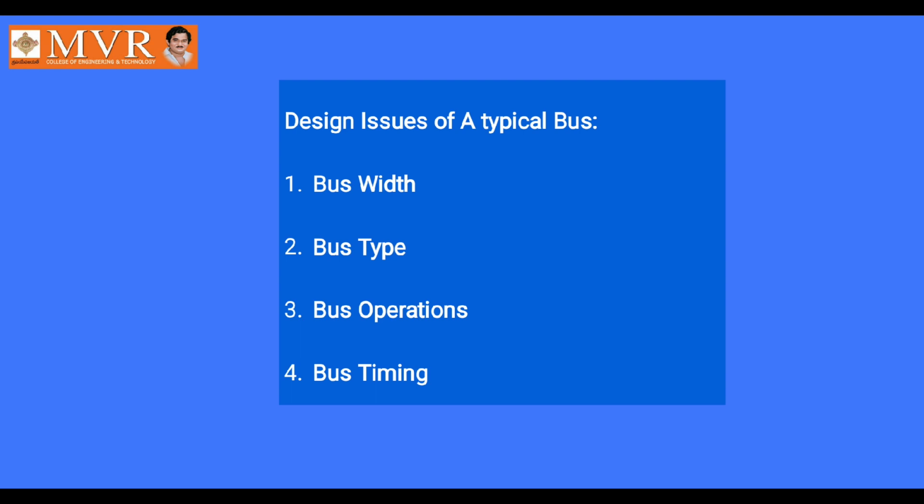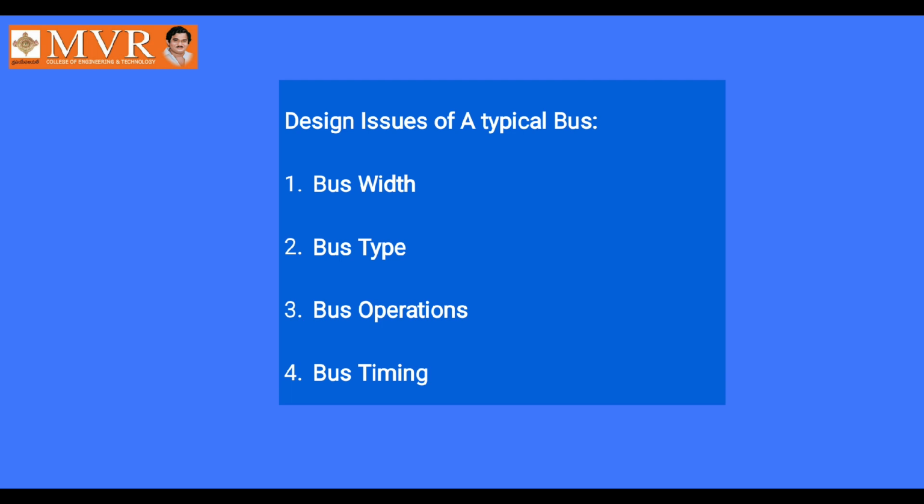That is called an interrupt. Sometimes the cartridge may be over, so you may receive an instruction on the screen that the cartridge is completed. Or somebody may open the door while printing, so the printer door is open. Like that, some interrupts may come. These are also transmitted between various components. And the next one is bus timing.